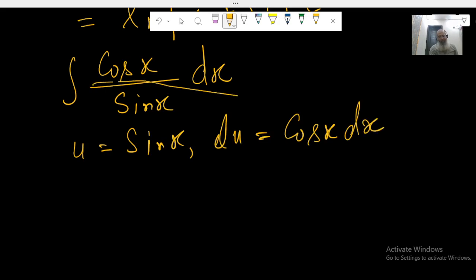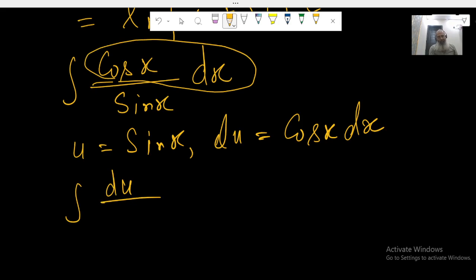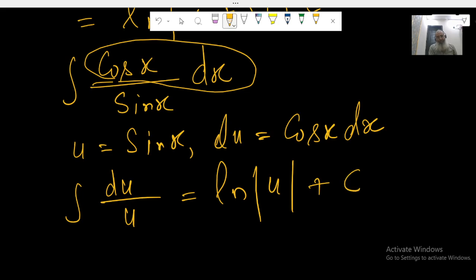Perfect. Here you can see du is in the numerator, divided by the denominator u, and now integrate: ln of absolute value of u plus c, and now substitute back: ln of absolute value of sine x plus c.